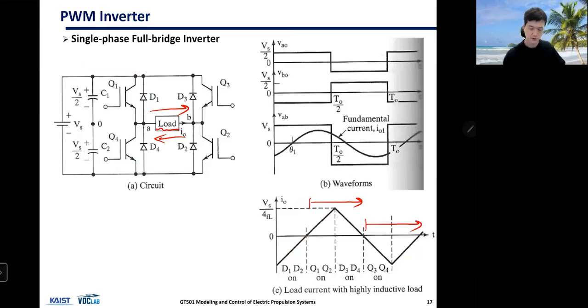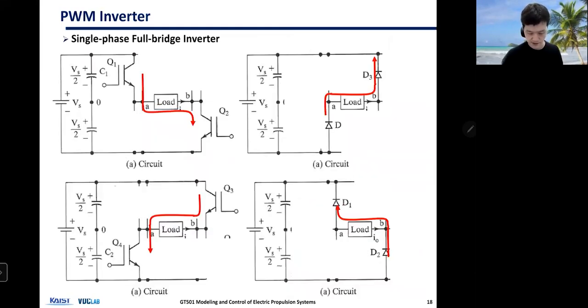So you're now alternating the direction of the current from the load perspective. Okay, so that is illustrated right here. I guess this is easier to follow. So please take a look at this slide and try to understand how current is flowing.